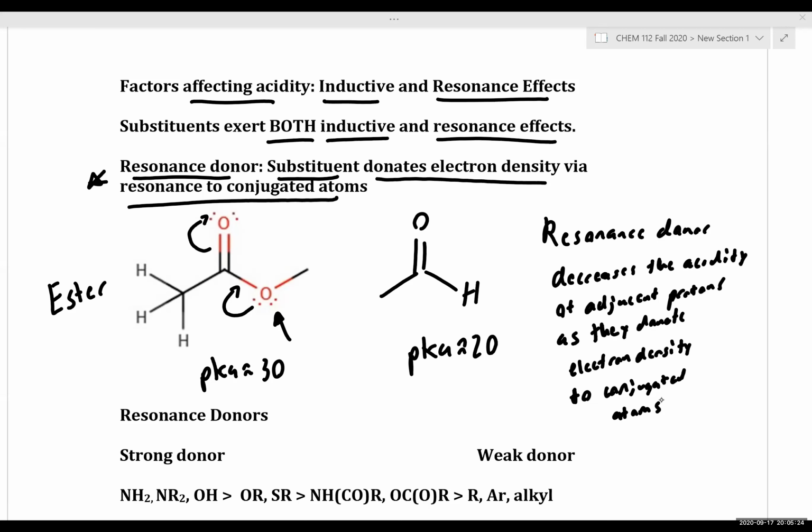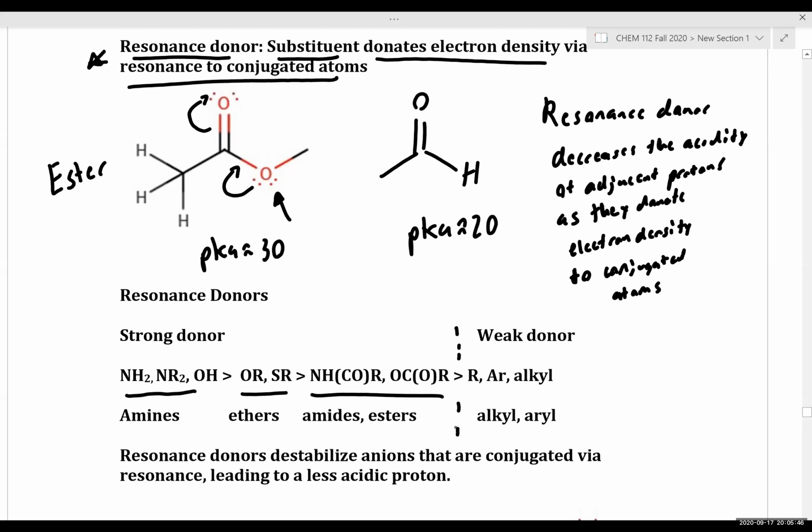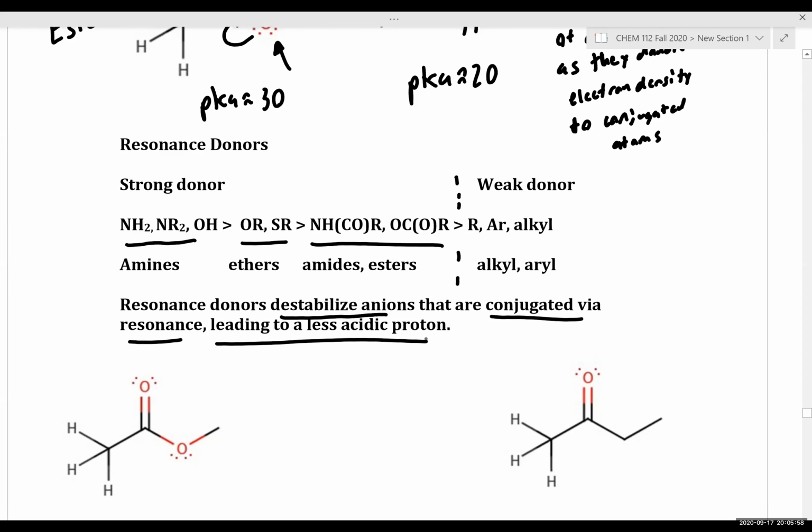So some common resonance donors that you need to be familiar with are your amines and alcohols, your ethers, your amides and esters, and in terms of your weak donors, it primarily cuts off here. So resonance donors will destabilize anions that are conjugated via resonance, leading to a less acidic proton.